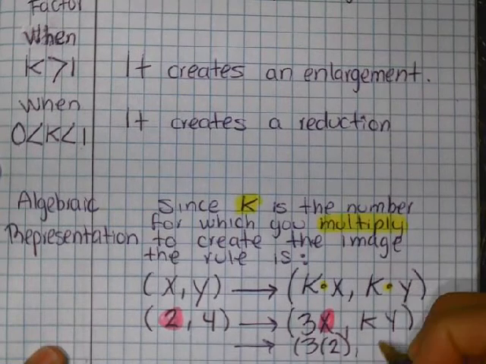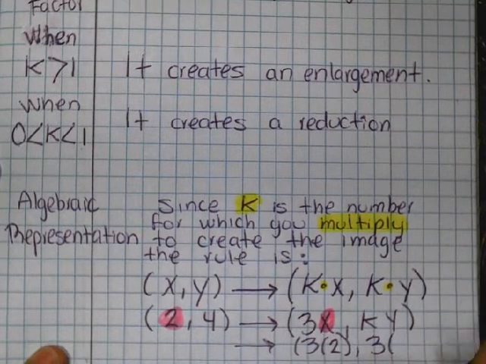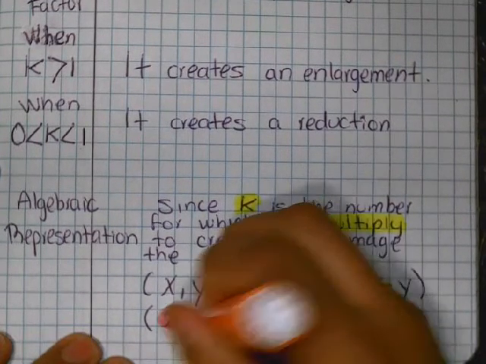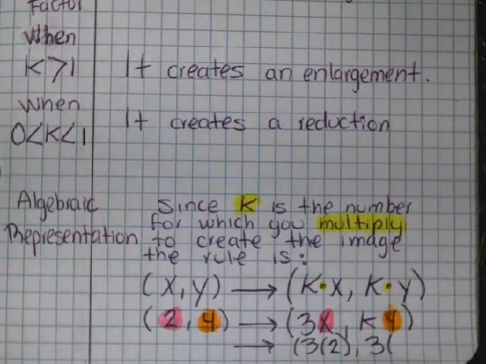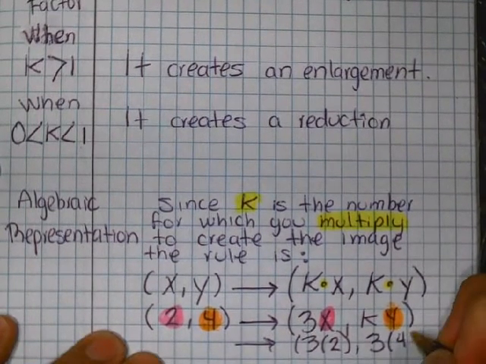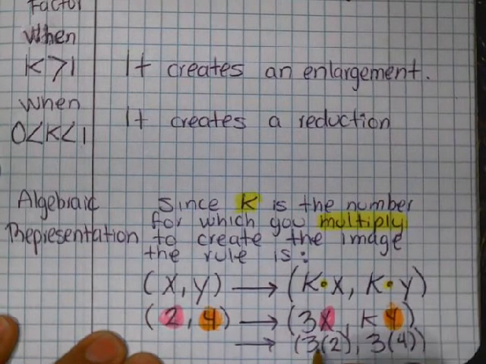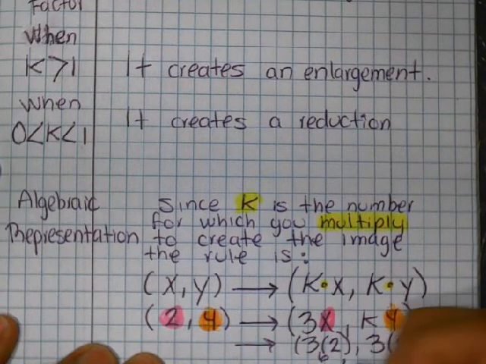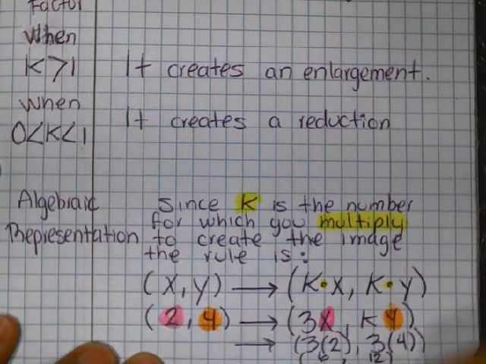So that's going to be 3 times 2, 3 times 4, because the y is equal to 4 right here. That's going to be my y. So I'm going to multiply times the y value, which produces the point 3 times 2, which is 6, 3 times 4, 12.